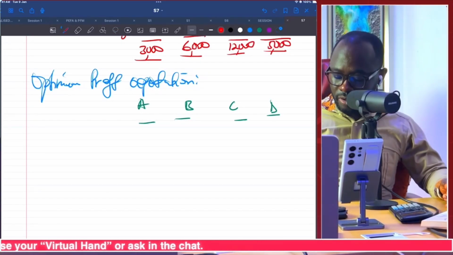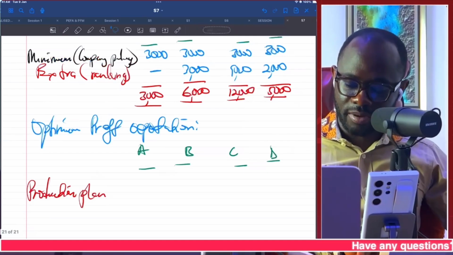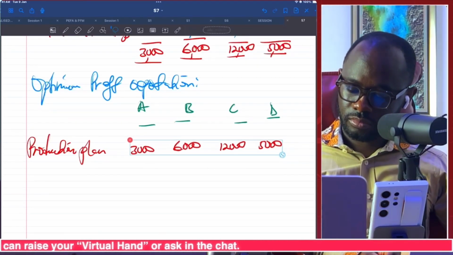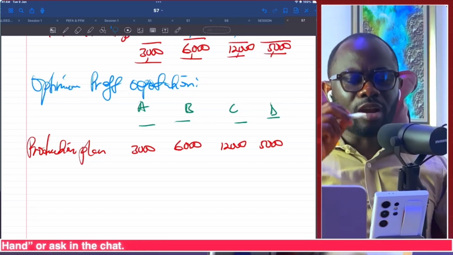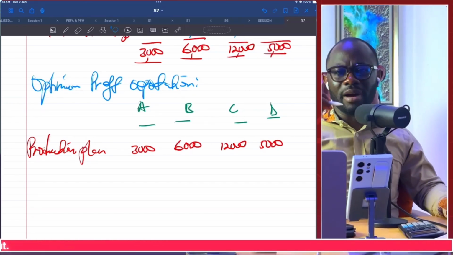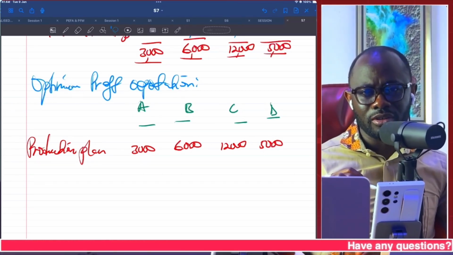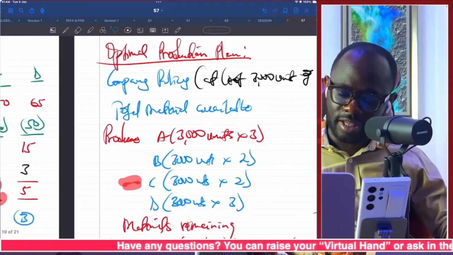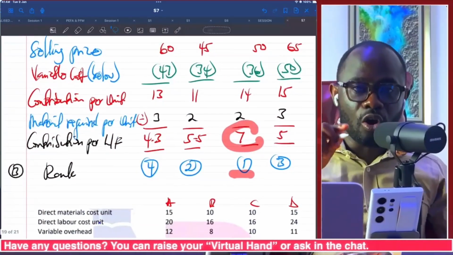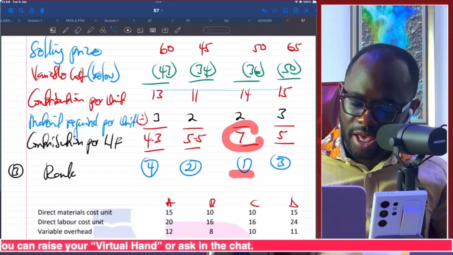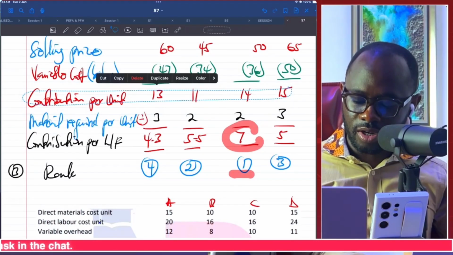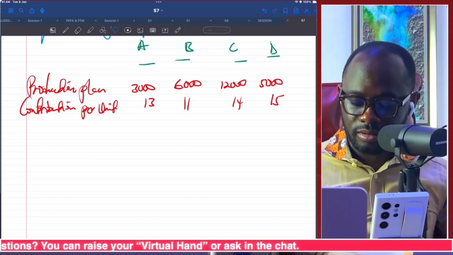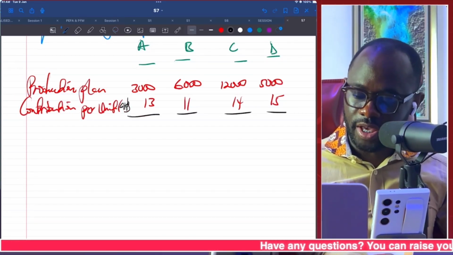Then we bring in the production plan as per the things we had above here. We are looking at profit, and you're in the marginal costing environment, but you have contribution per unit already from step 2. So you go pick the contribution per unit for each of the products and multiply that by the production plan.